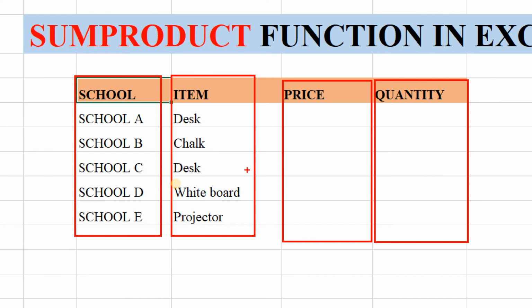I think now you are starting to get something. Instead of items, school, price, quantity, you can have something else. But the idea is that you are summing things that you multiplied one by another.